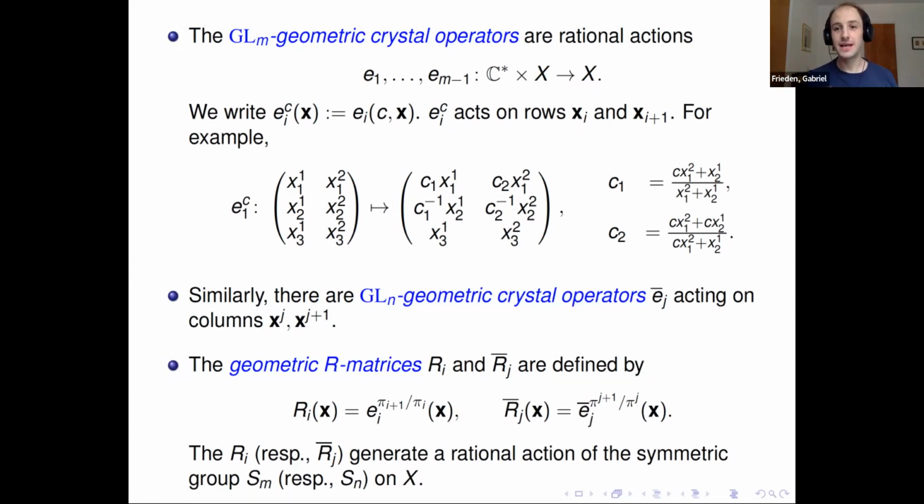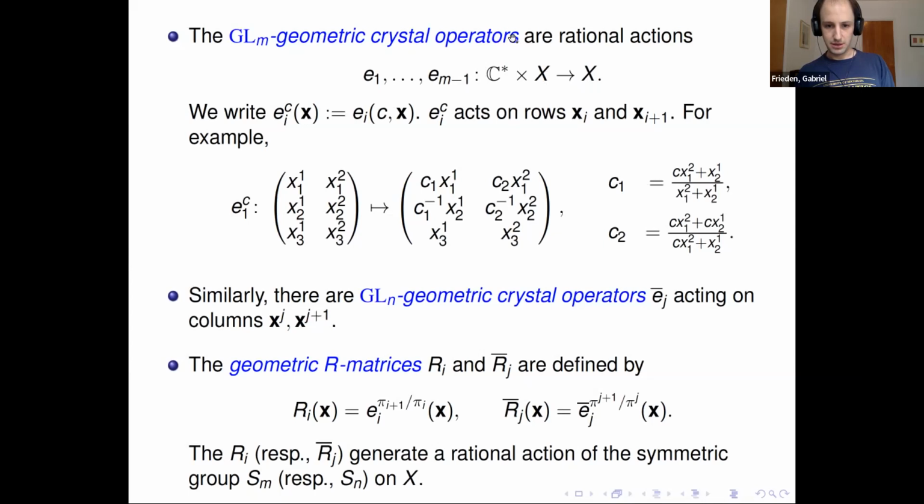And it turns out that this is an action of the symmetric group on the crystal. So these generate an action of the symmetric group on the crystal. So if you have a GLM crystal, you have an SM action. And it looks like we have, Dari says pi I is the product of the row I.